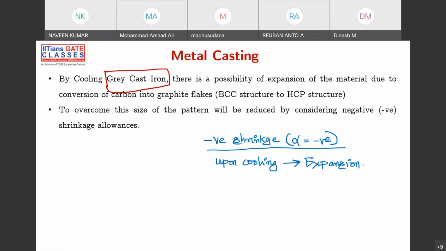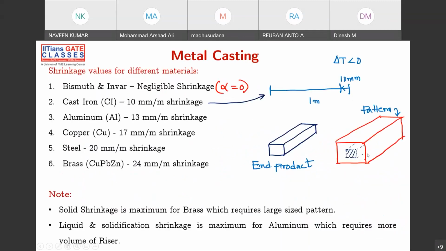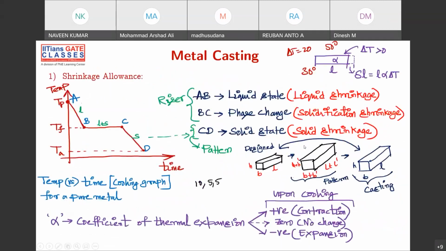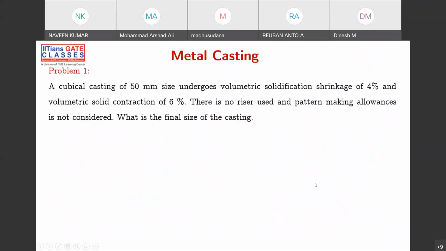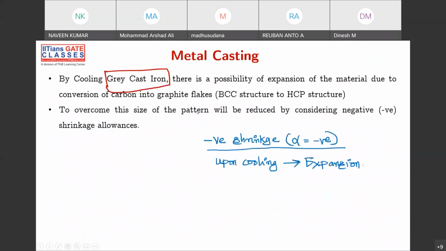Generally your pattern should be more, we thought we have to add it, but as your expansion is negative, you have to subtract it. Your pattern should be less. So please remember, when casting gray cast iron, your pattern size will be less than the casting. It's very, very important.